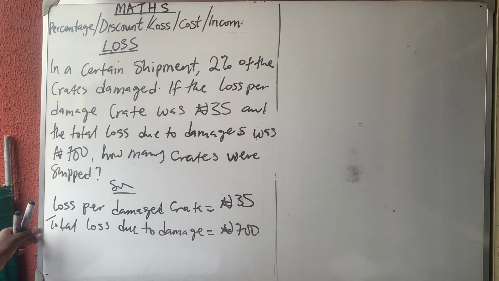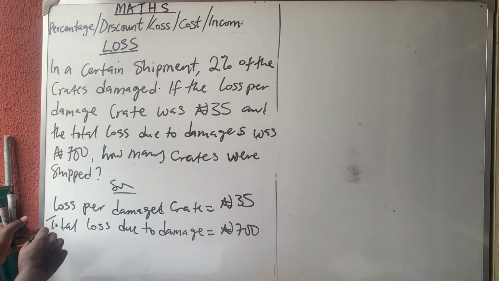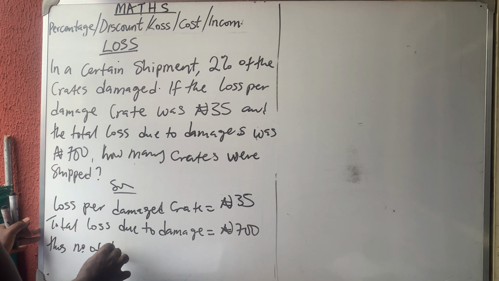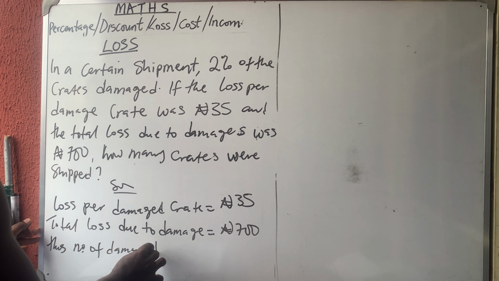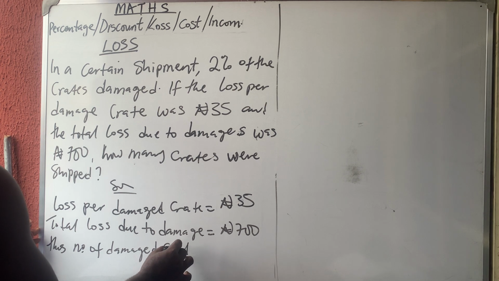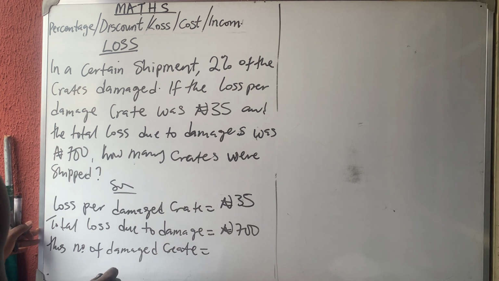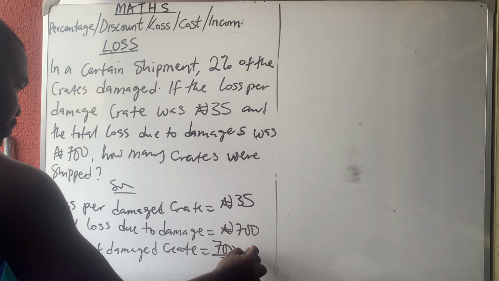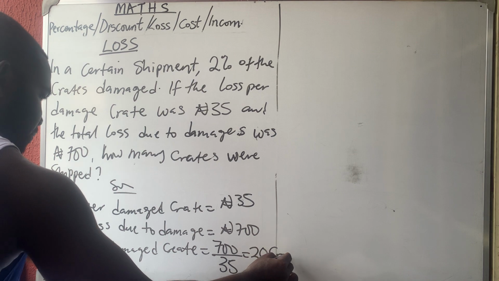So to get the number of damaged crates, it is equal to the total amount that he lost divided by what he lost for each of them, which is 20 crates.